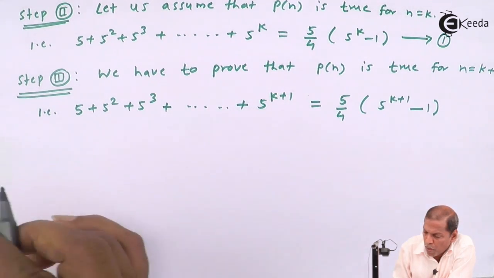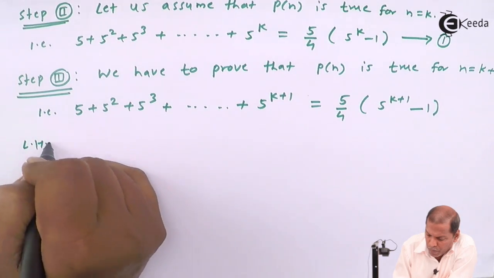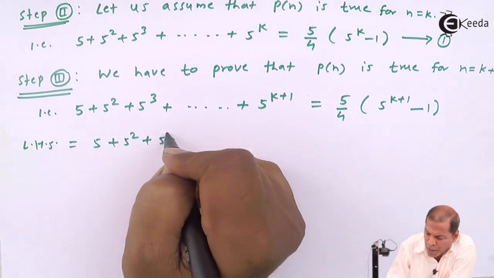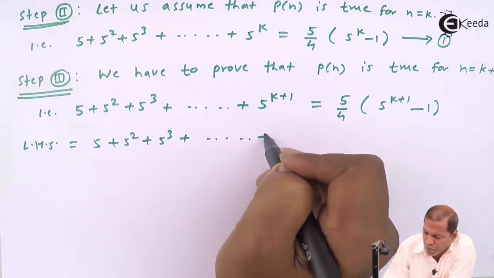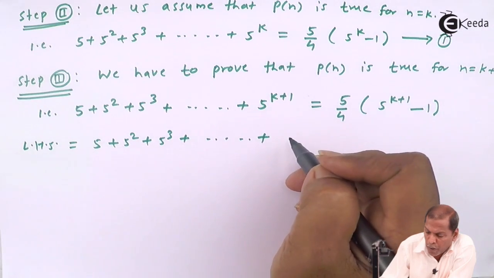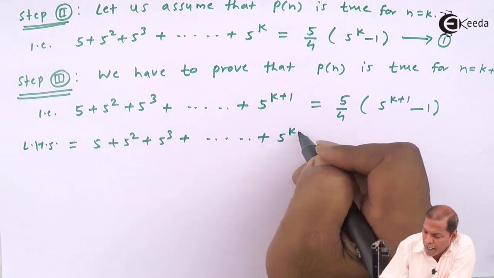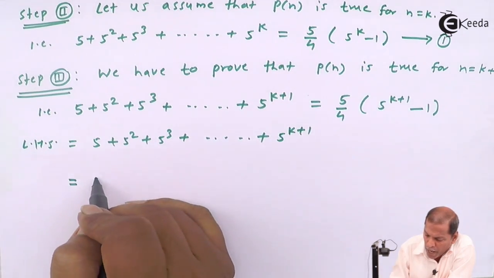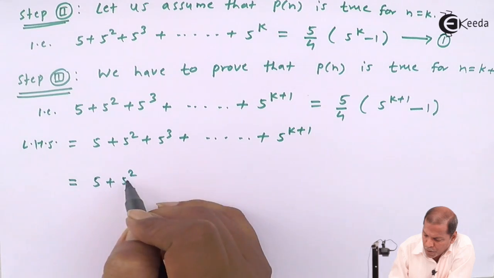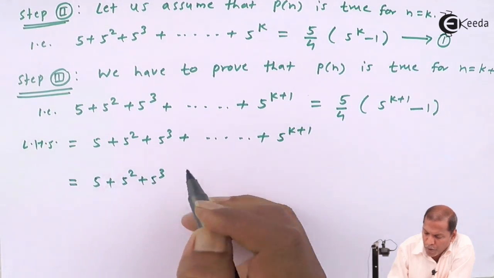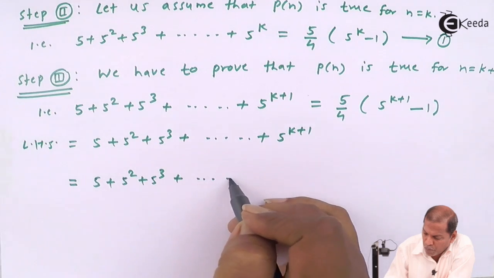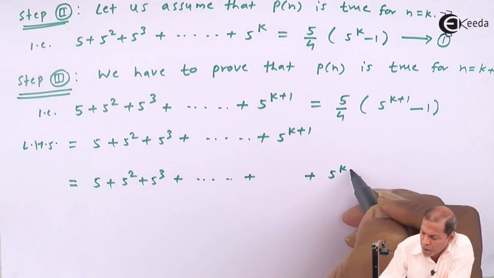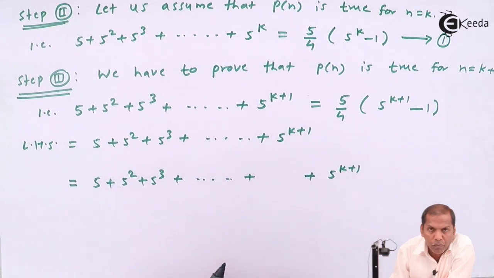Now we consider the LHS. That equals 5 + 5² + 5³ going on up to 5^(k+1). That equals 5 + 5² + 5³ plus going on, and the last term is 5^(k+1).